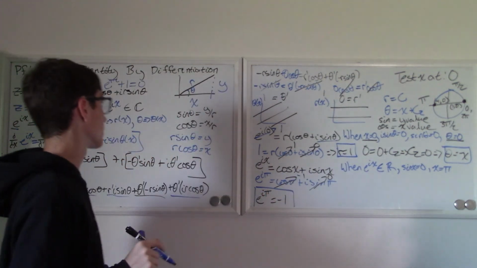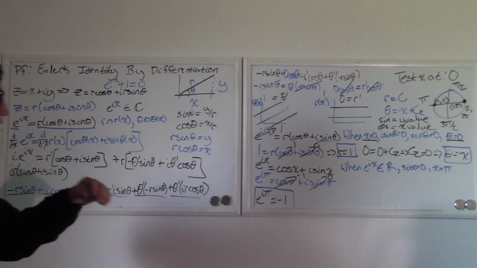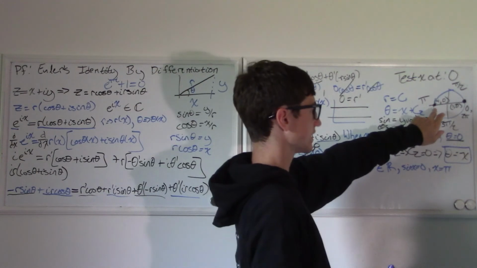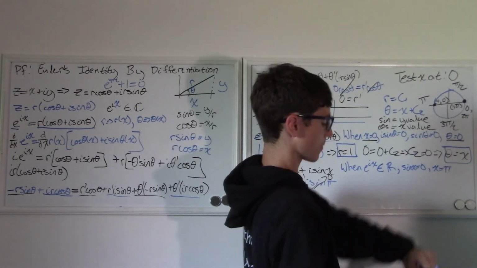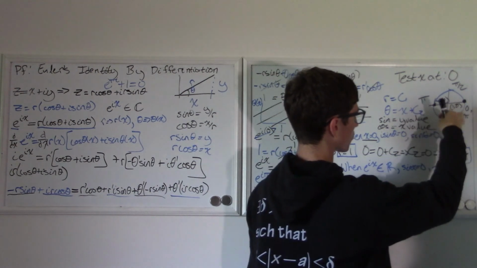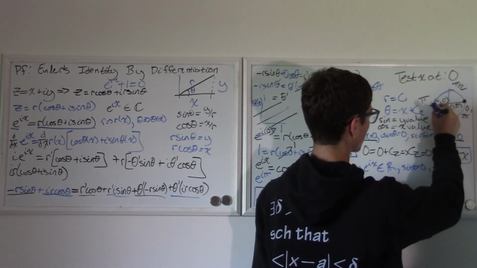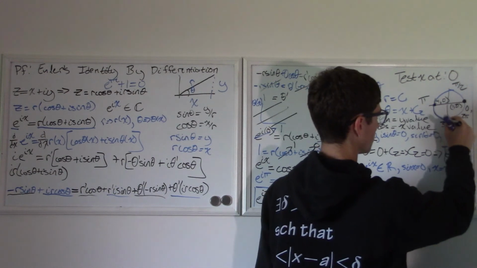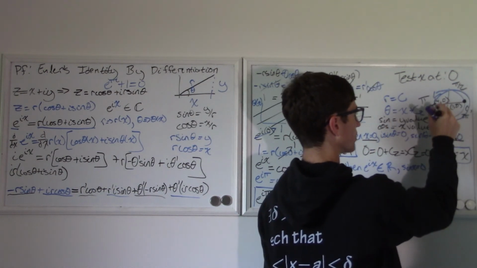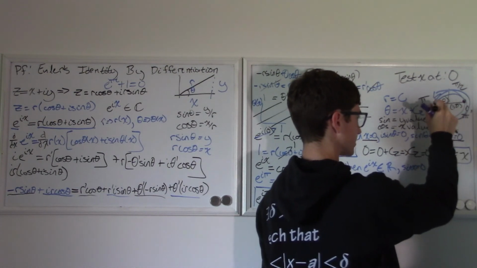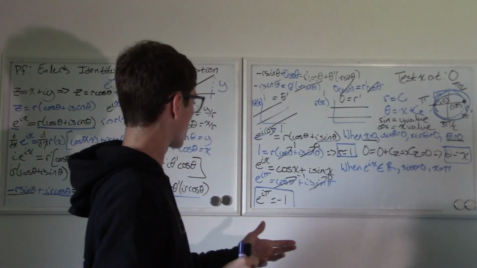But we can actually do better than this. Okay? So notice how we just need to get to this point. But just like how this is 0 or 2 pi, here we could go around another 2 pi, right? We could go here, pi, and then we could go around another 2 pi, and we'd still end up on the same spot. Or we could go backwards 2 pi, like that, and so end up on the same spot.